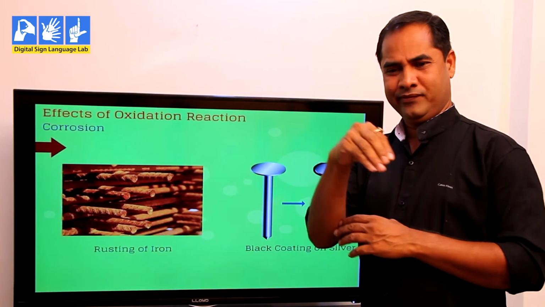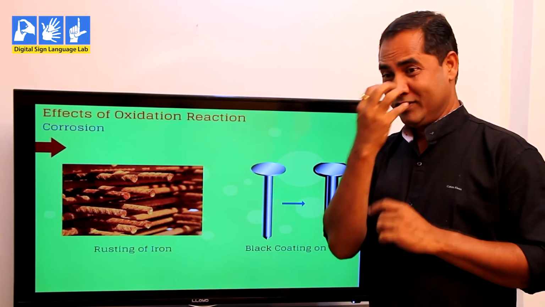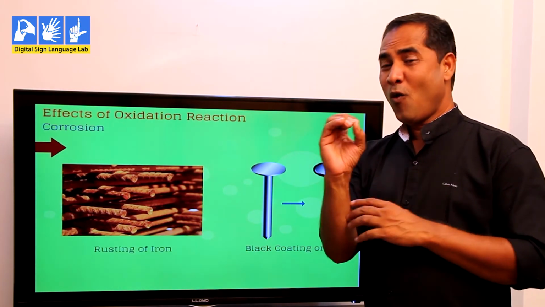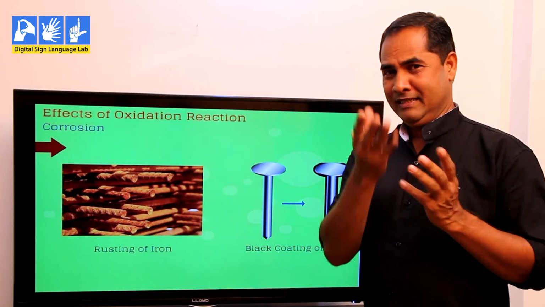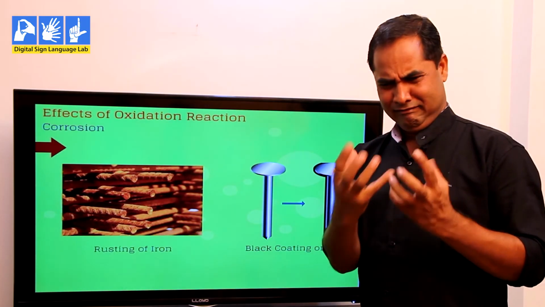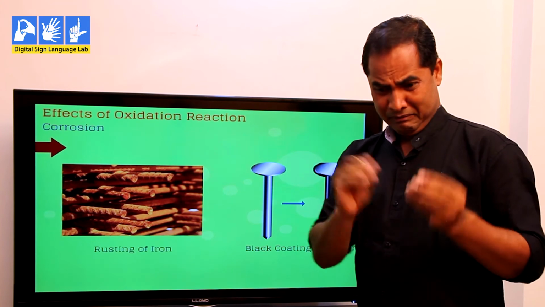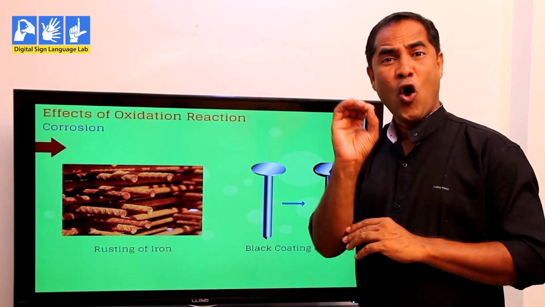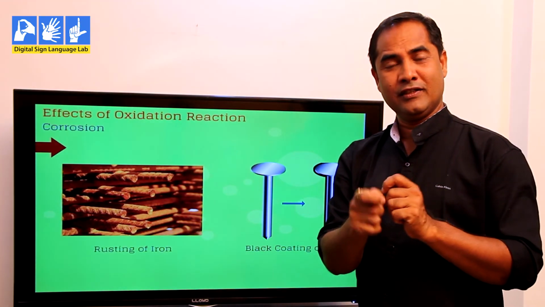I have already explained oxidation reaction, how chemical changes happen when you add oxygen. There are many different effects of oxidation reaction. For example, corrosion. What happens to the metal? Why does it rust and get corroded? It's because of oxidation reaction.